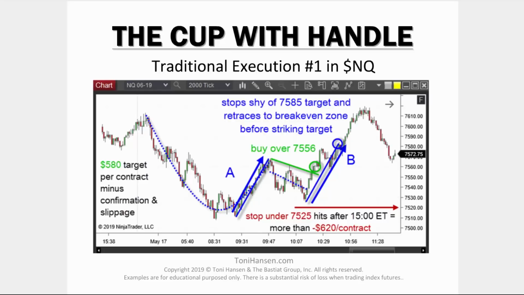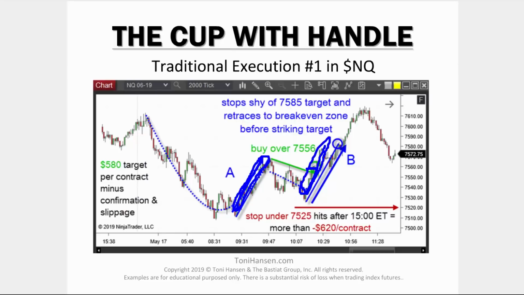Okay, so when we're looking at a traditional buy on the cup with handle, you're going to be looking at this breakout on the NQ. This is a trade that I had a couple of weeks ago, and the traditional trigger would be at 75.56 over this handle breakout. Now, when we're looking at the NQ, if you just have one contract, the traditional target level is taught to go for a measured move where you are looking at the upside off of the low of the cup and then a measured move coming out of the handle.